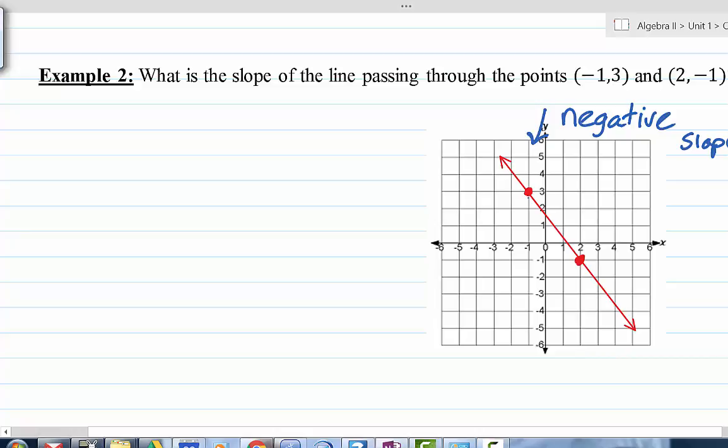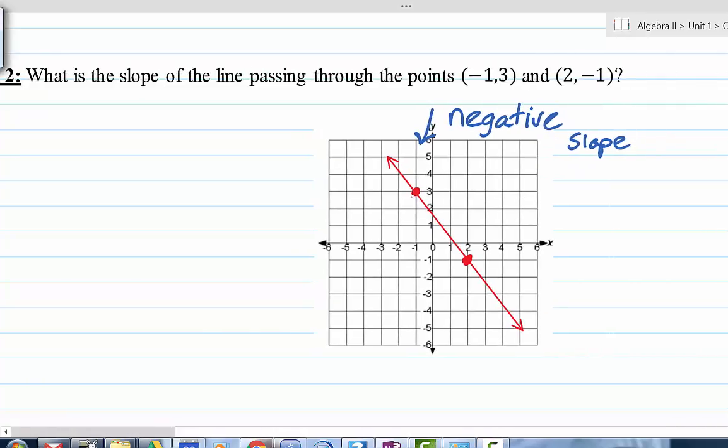So let's just find out how steep the slope is. To get to the next point, I went down 4, right? And then over 3.